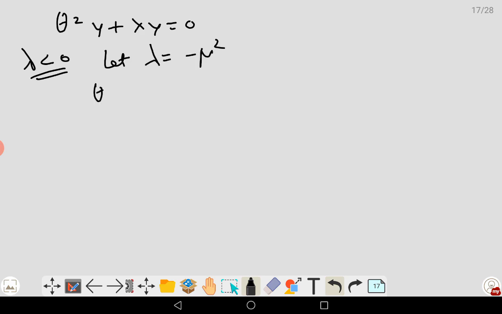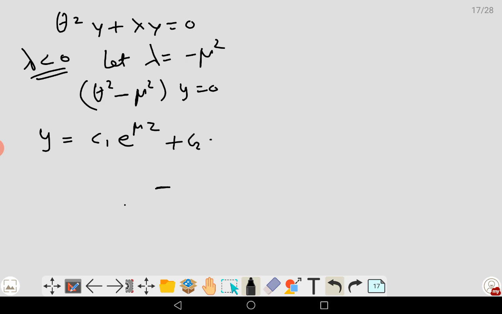First case, lambda less than 0. Let lambda be negative mu square, so theta square minus mu square y is equal to 0. The auxiliary equation you can find, and the solution in z will be y is c1 e power mu z plus c2 e power minus mu z.